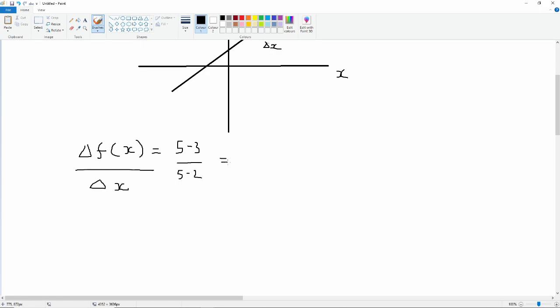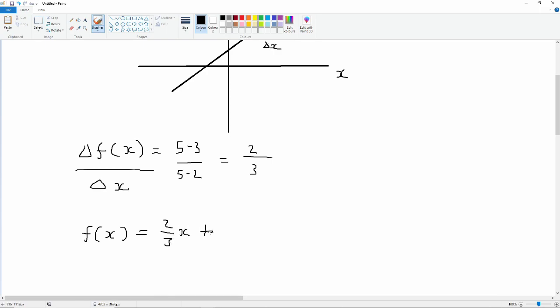So that's equal to, 5 minus 3 is 2, and 5 minus 2 is 3. So the slope is 2/3.